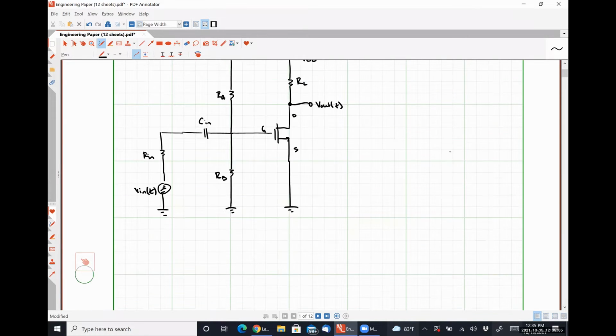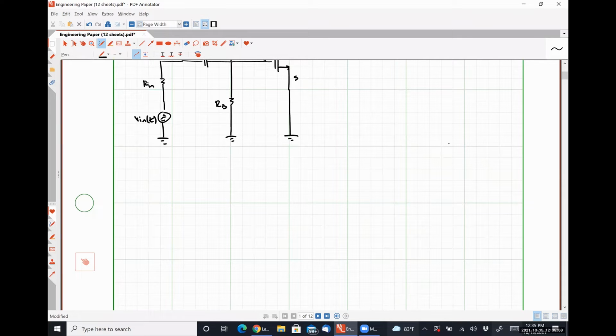So for our large signal model, or DC model, we are effectively going to employ the superposition technique, which means that we're going to leave all of our DC sources on and turn off all of our AC sources. Because this is a DC circuit, our capacitors are just going to look like an open circuit. And so what we should have is something like this.